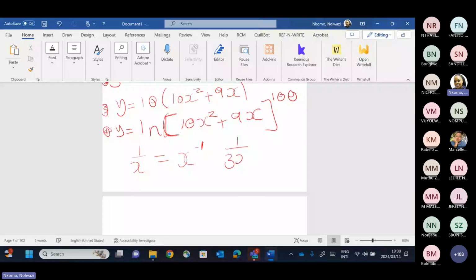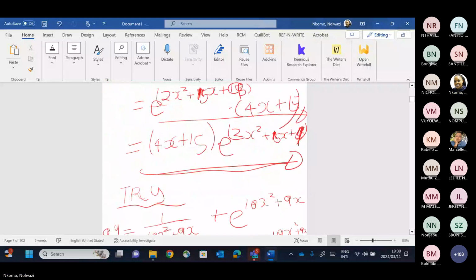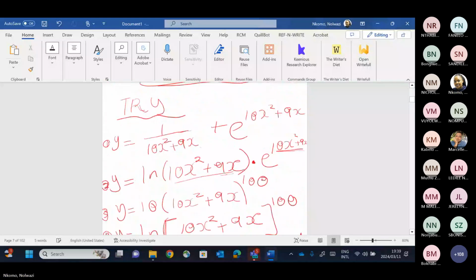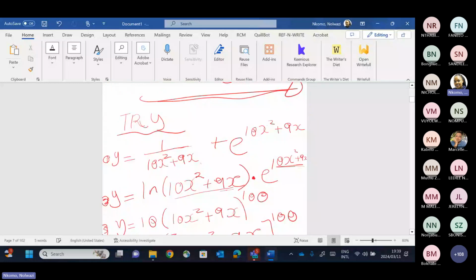So here you can write this as 10x squared plus 9x to the power minus 1, then plus this function. Then you can use your substitution again. You let u be this, you let u be this, right?